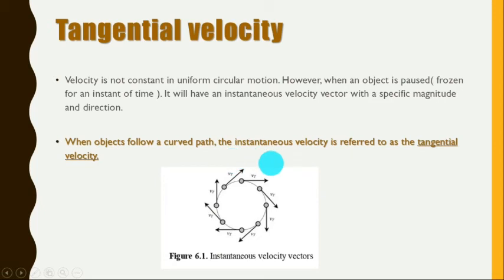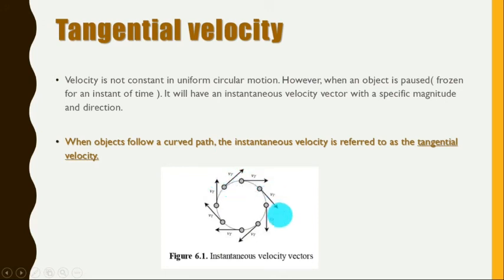What does it mean? Look, here I have an object moving in a circular motion. At any moment, if you just stop the motion here or you freeze, for example, what do you see? That the object at this moment has a velocity. The magnitude of this velocity is constant, but the direction of it is not the same as the previous direction, not the same as the next direction.